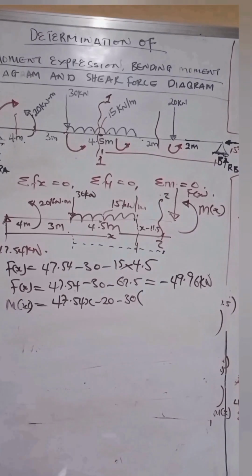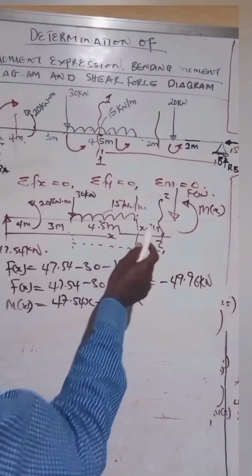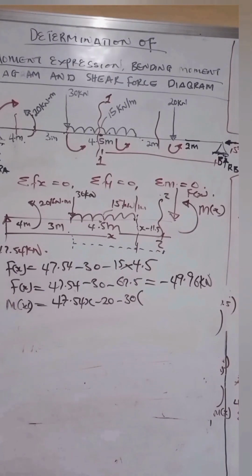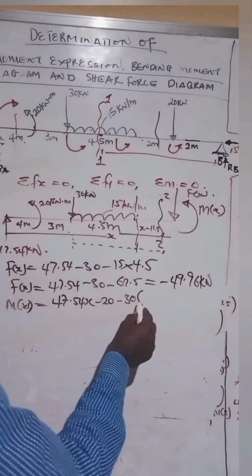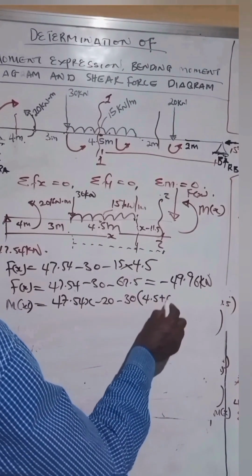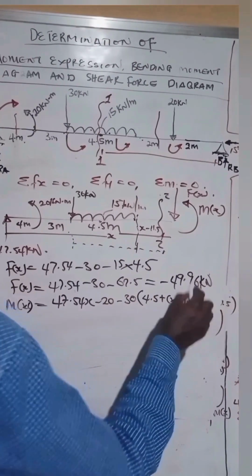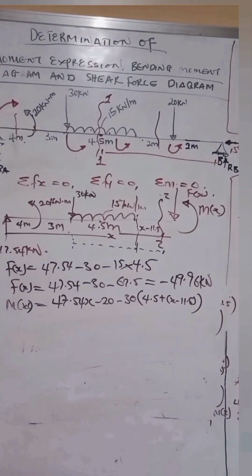So it is 4.5 plus x minus 11.5. Okay, that is the first one.